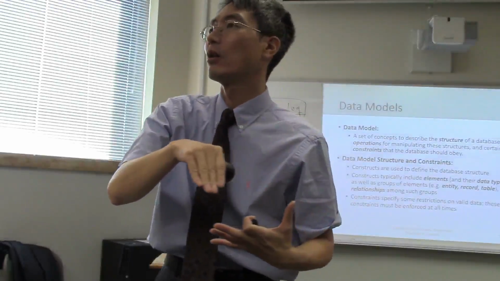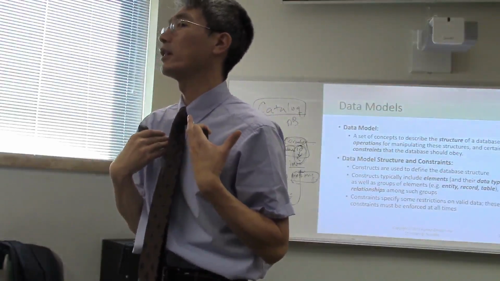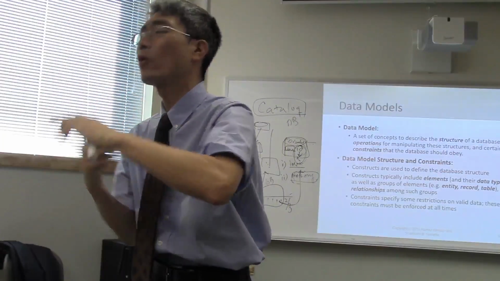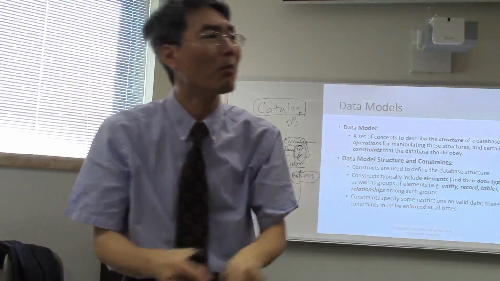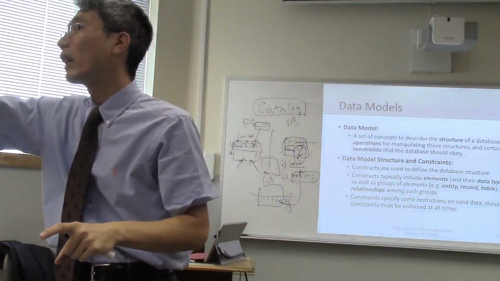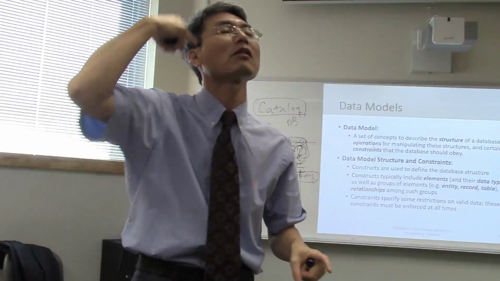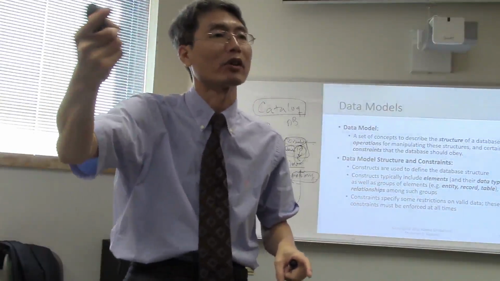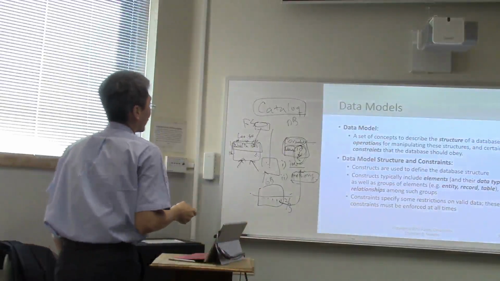If we have unique data for the specific column or attribute of that data, that is considered the key or primary key. So that's the example of the constraint.